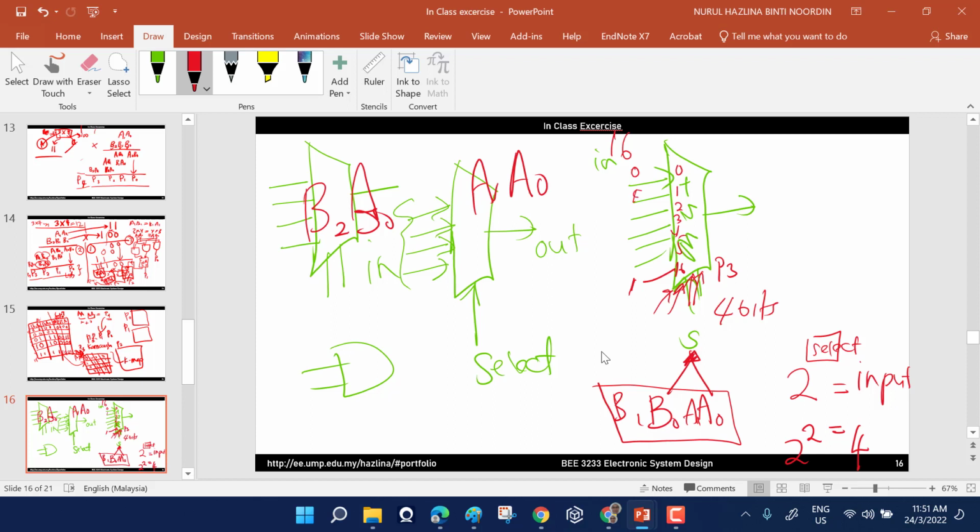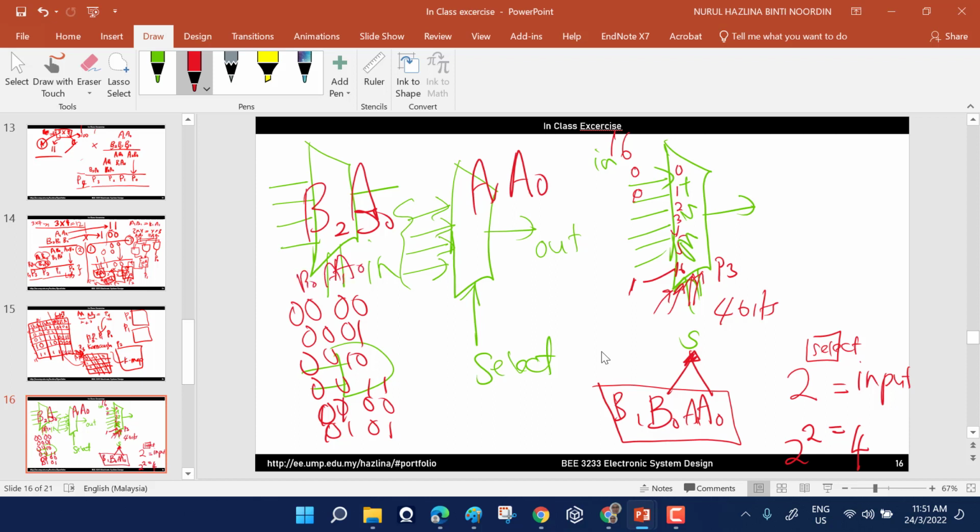Sorry, 0. 0, 0, 0, 0, 1, 2, 3, 4, 5. Okay, when you want to derive this one, this is A0, A1.